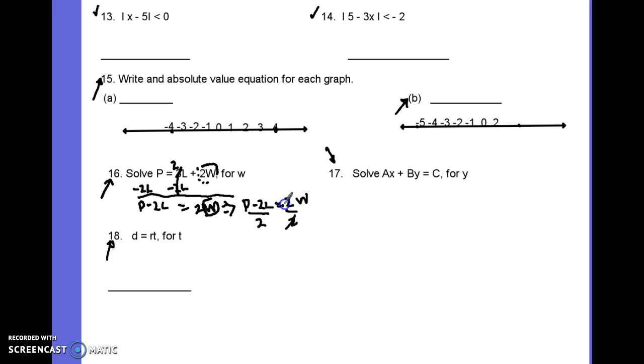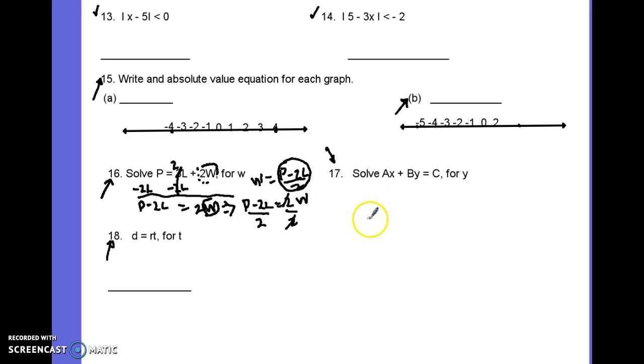The 2's will cancel, and your answer is going to be W is equal to P minus 2L over 2. This is how we would solve it for W. If they say solve it for L, this is what we did for the PSAT prep. You'd subtract 2W from both sides and go through a very similar procedure.